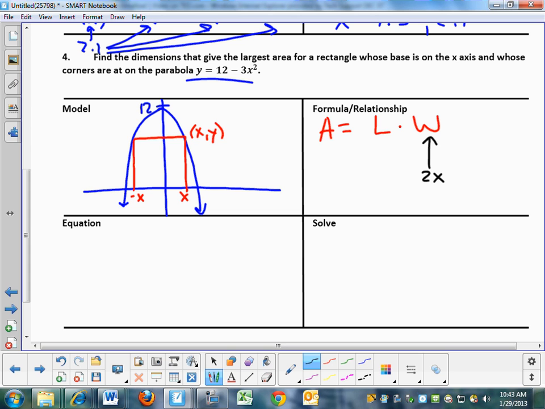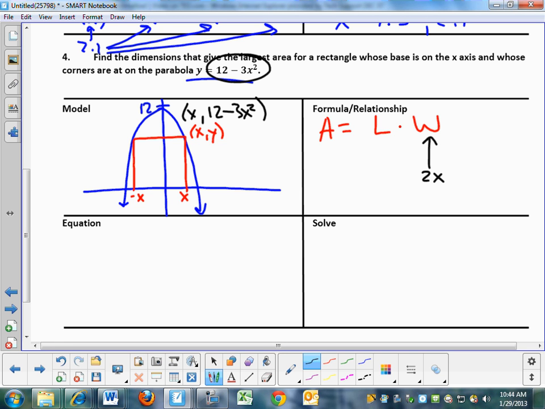So we know that. Now, the length is going to be the distance from the base up to this spot right here. This is the important part that a lot of people miss. That's my y value, right? But I have to write y in terms of x, correct? f of x, or my y value, which is, well, instead of writing x and y, we could write x and 12 minus 3x squared, correct? So now, instead of y, we have an actual expression in x.